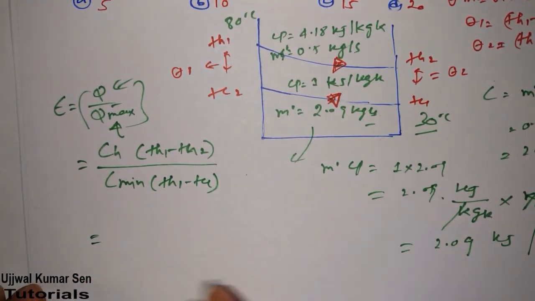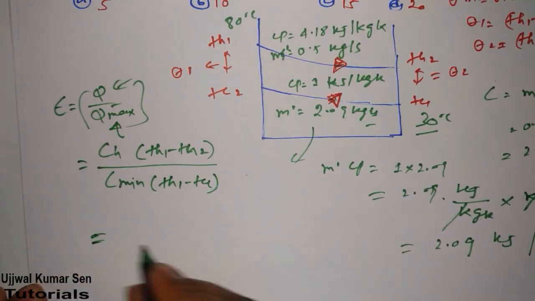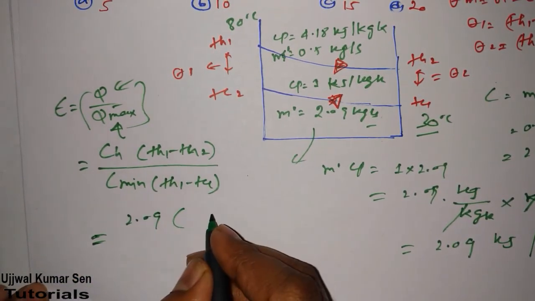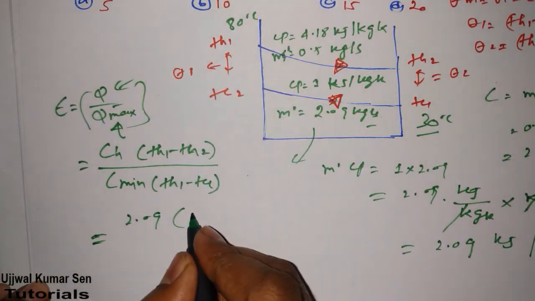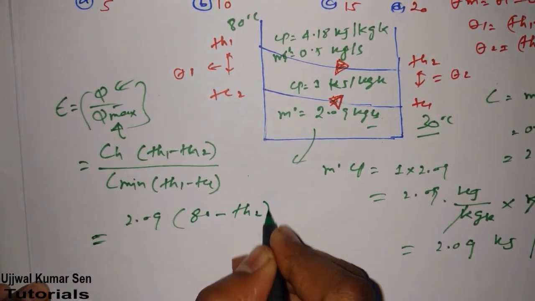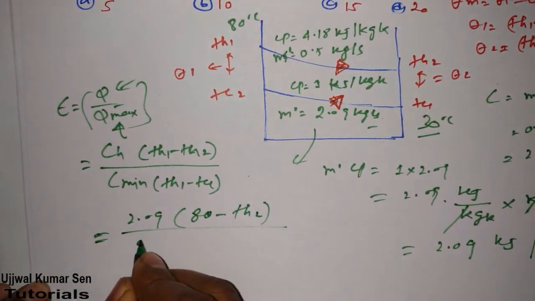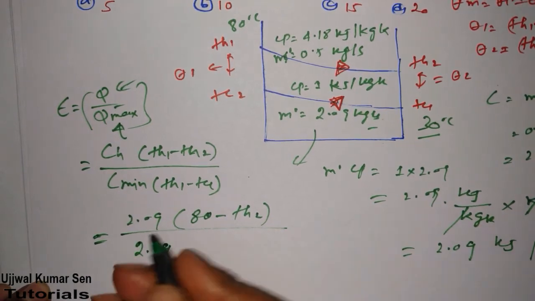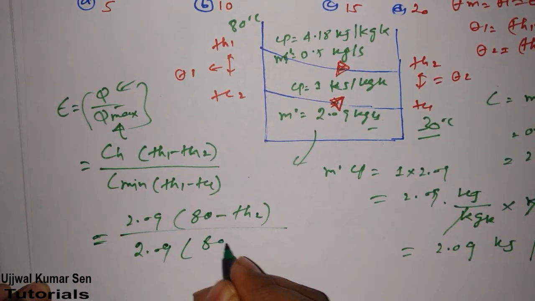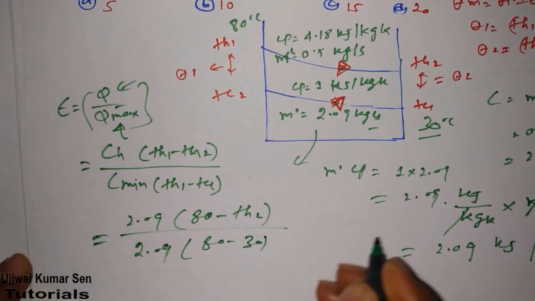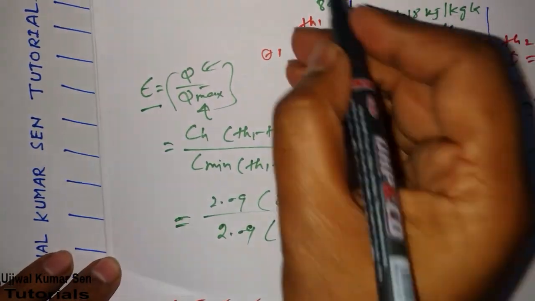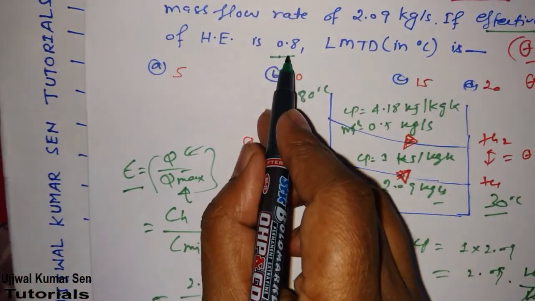So what is CH here? We got 2.09. TH1 is 80. TH2 we will find out from here. What is C minimum? Both are the same, so we can consider any one. TH1 is 80, TC1 is 30. Now the effectiveness they have given is 0.8.